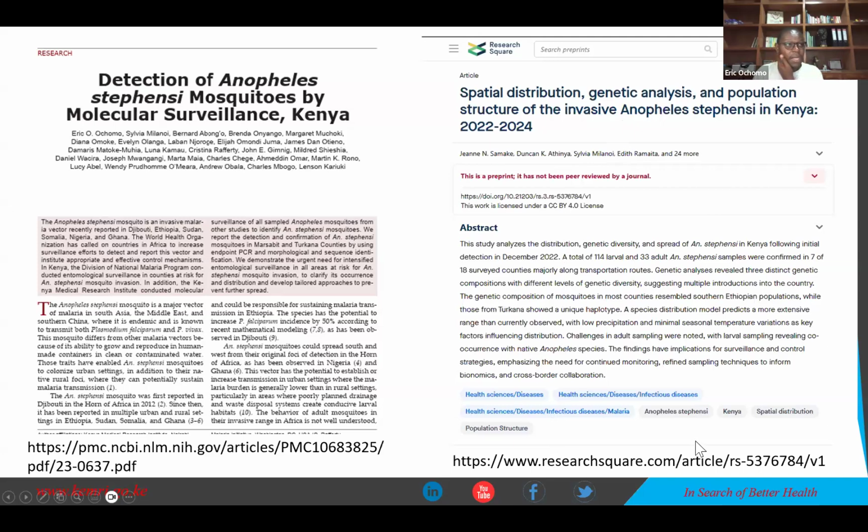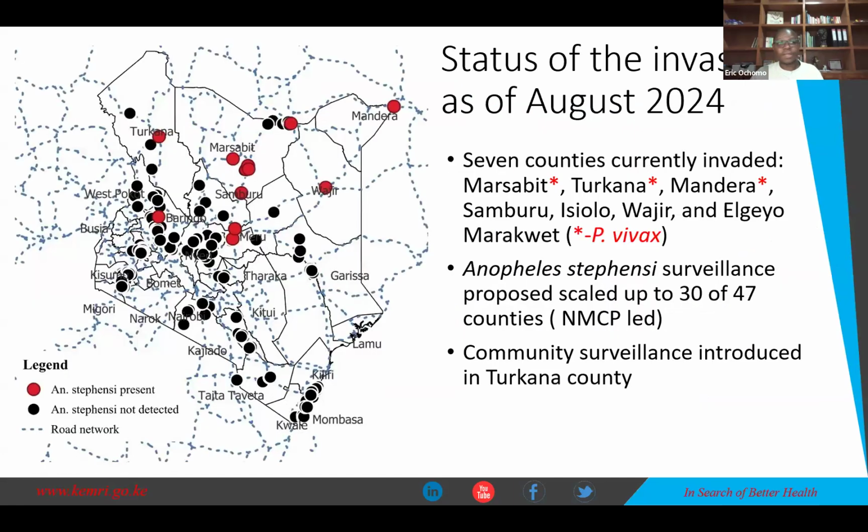The link is down here for anyone who might want to access and read it. I think it should be published pretty soon in Scientific Reports. Damaris has already highlighted this as well. So we currently have been conducting stephensi surveillance in about 30 of the 47 counties. And so far we know of 7 that are positive for Anopheles stephensi.